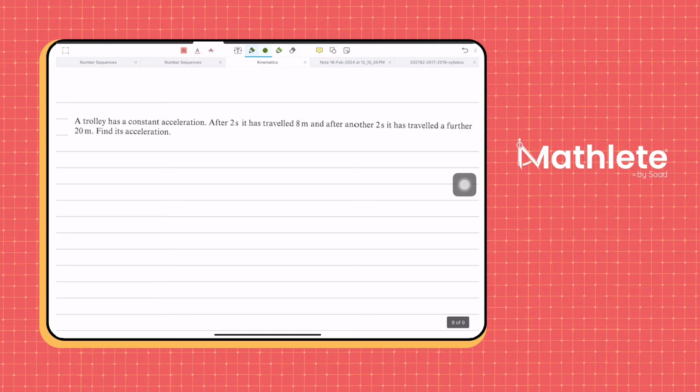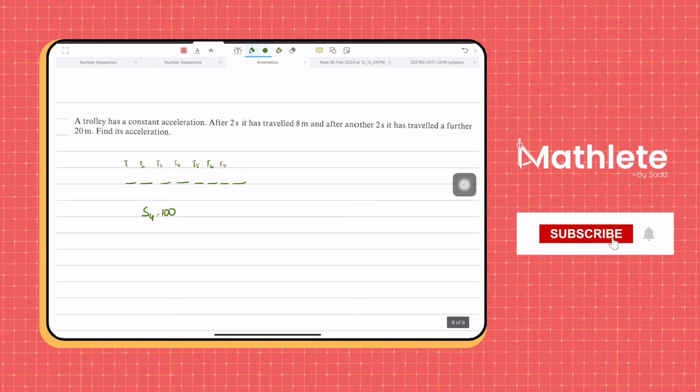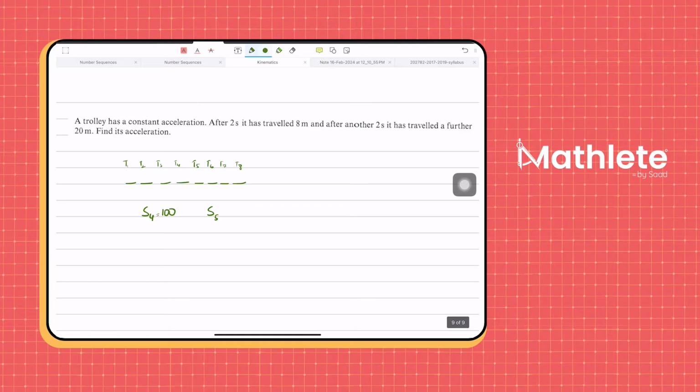Yes. Okay. So if the question says, let's say, the sum of the first 4 terms, this is T1, T2, T3, T4, and you're given that the sum of the first 4 terms is 100. And let's say you're told that the sum of the next 4 terms is 200. That means the sum of the terms from 5 to 8 is 200.